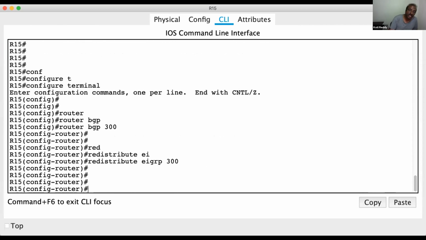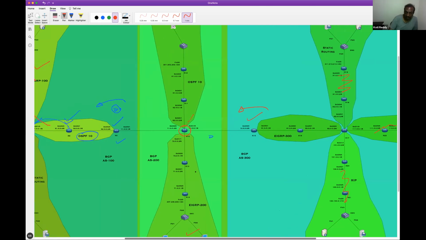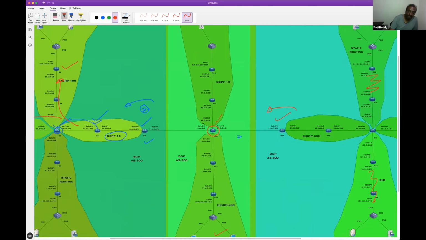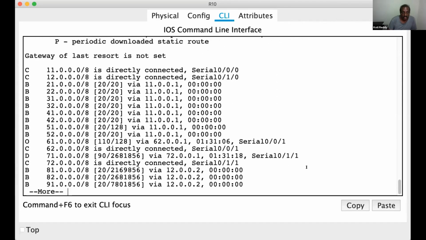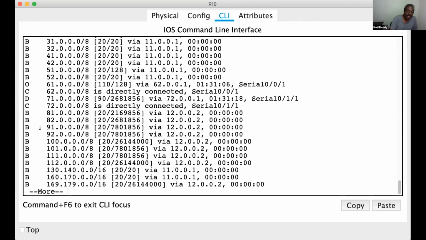Once I do this on R15, from EIGRP into BGP, now they should have gone everywhere. This should go to R10. Let's see in R10. I go to R10. I give the command show IP route. I should see these 80 series, 90 series, and 100 series also.